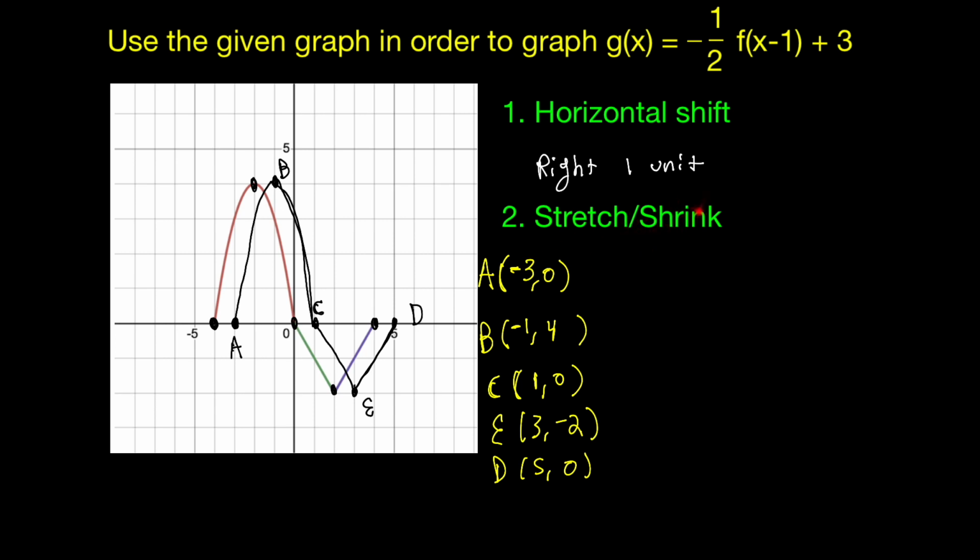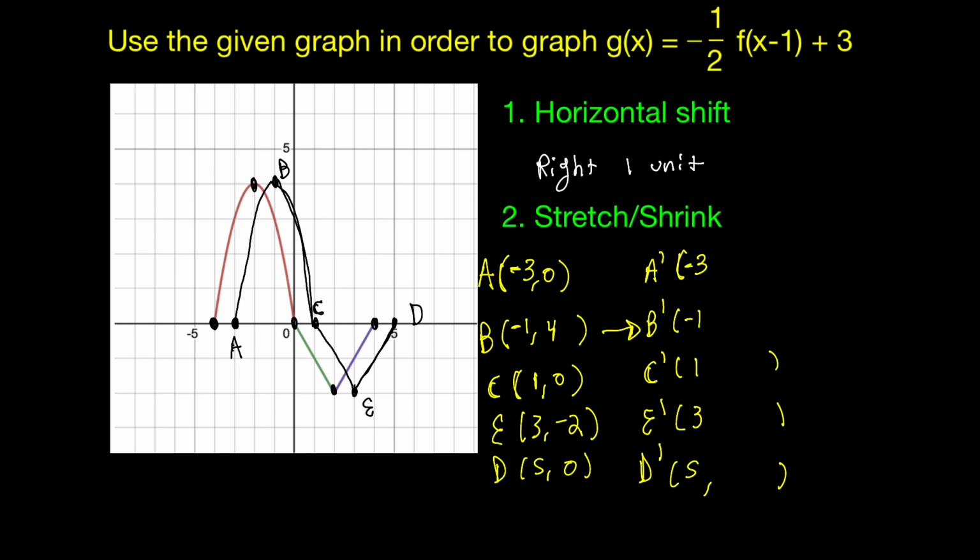Here, in order to get the stretch or the shrink, I'm going to multiply each of the y coordinates by this -1/2. So I'm going to get 0 multiplied by -1/2, 4 multiplied by -1/2, all of these. My x values are going to remain the same. So here I'm going to get A prime, B prime, C prime, E prime, and D prime. And all of my x values are going to remain the same. So I'm going to begin to record them.